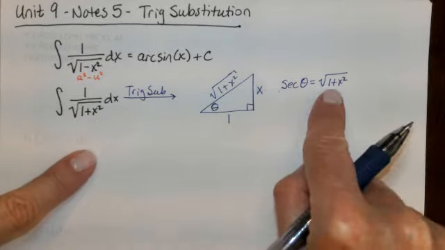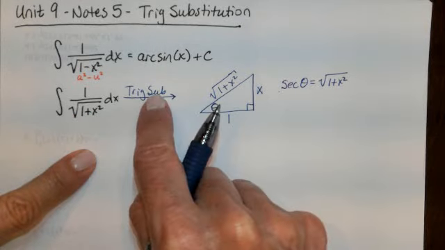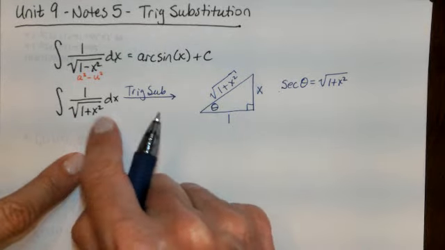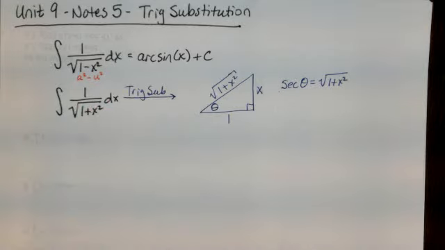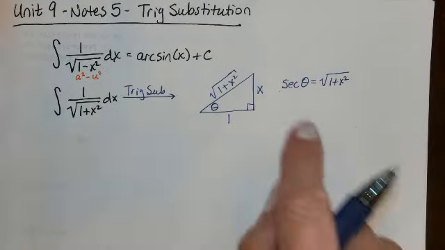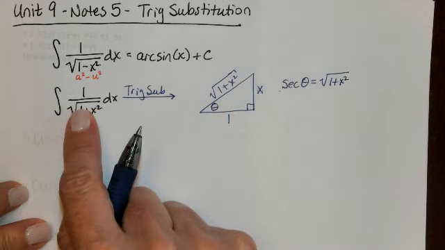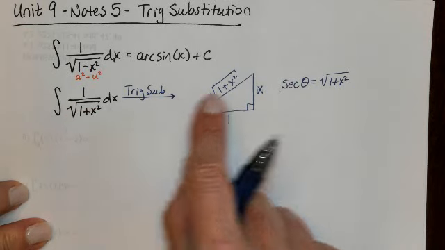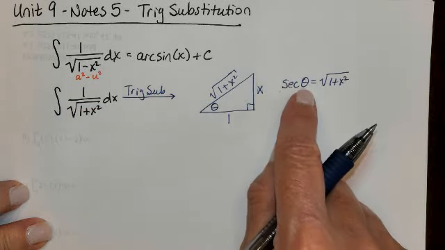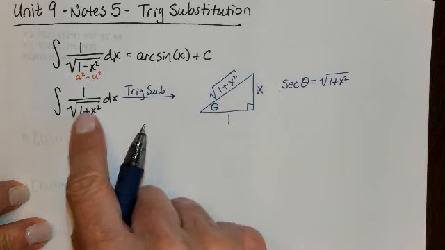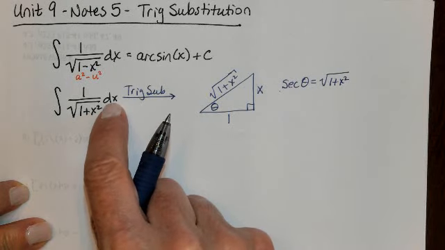Now I have something to substitute in for this square root. So I'm going to be substituting in secant theta for that square root. Okay? So since I'm substituting thetas in for x's, I also must substitute something in for dx. I have to change that to something with a d theta.